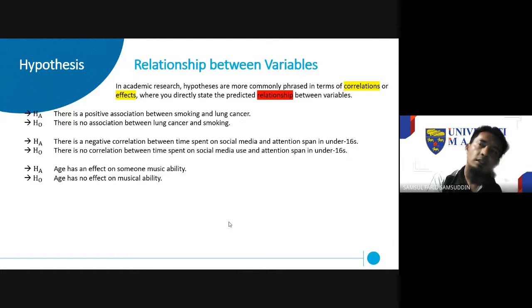So although different schools of thought, if you think it is good or easier to follow, you can follow, but it goes back to your supervisor.